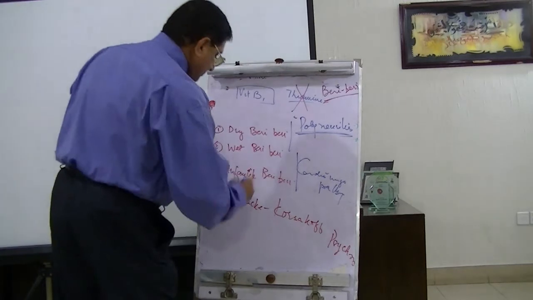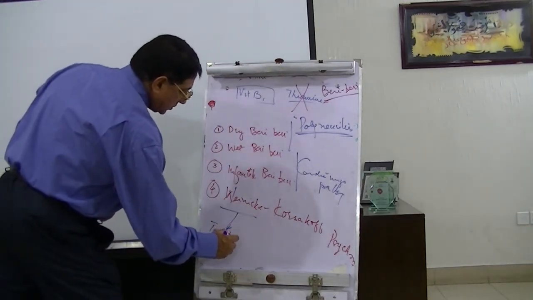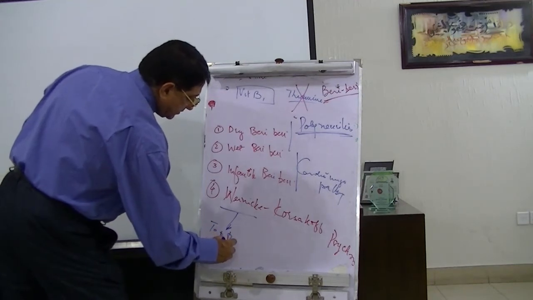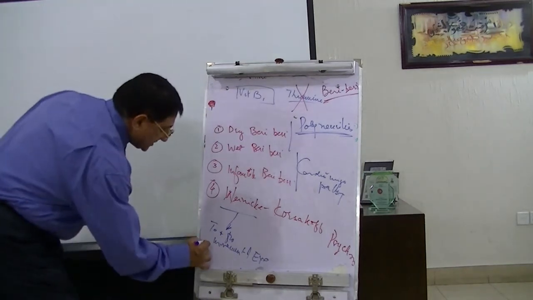In Wernicke, there is to and fro movement of the eyeball, that is called nystagmus.